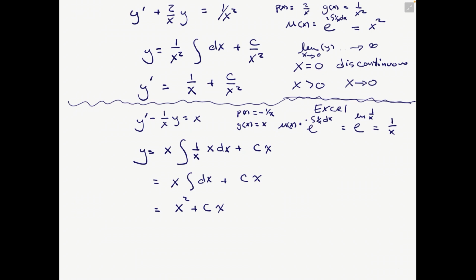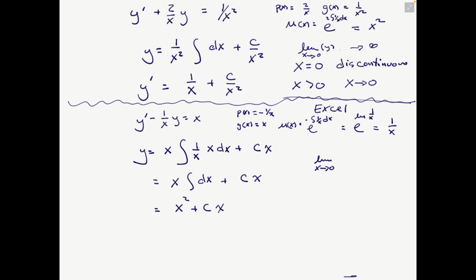And they want us to look at now, how is that discontinuous at x equals 0? I don't see. Did I get this solution right? Yeah.